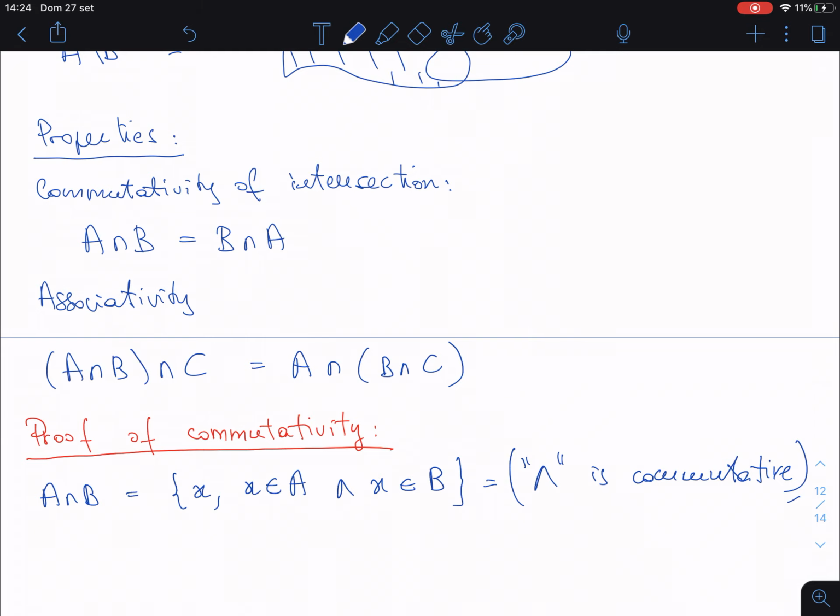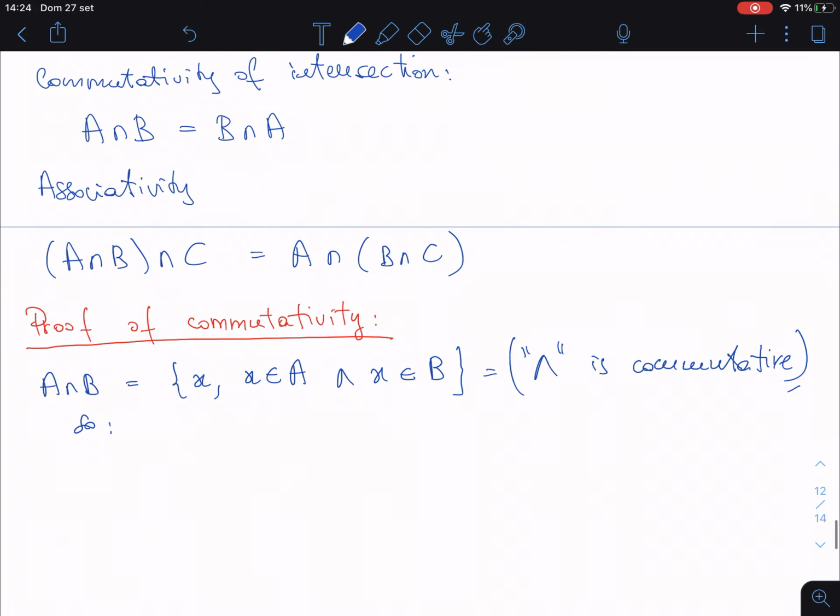So we have that this is equal to the set of the X such that X is an element of B and X is an element of A. And this is B intersection A. Nice.